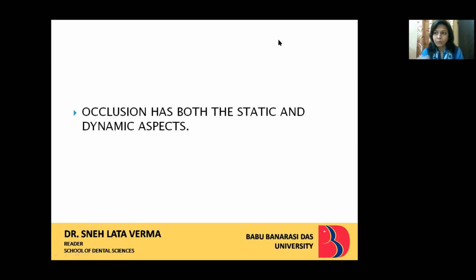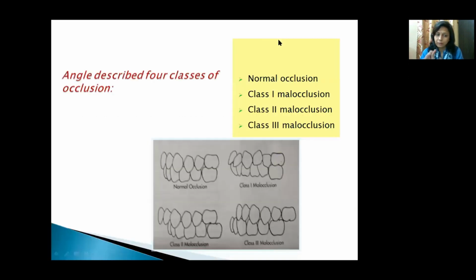It was Edward H. Angle who described the 4 classes of occlusion. One is normal occlusion, for which the 6 keys to occlusion were later given by Andrews, and then class 1 malocclusion, class 2 malocclusion, class 3 malocclusion.